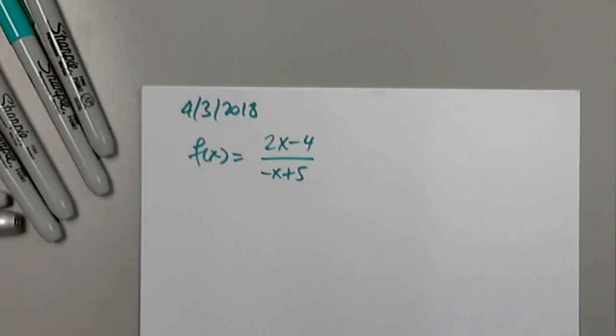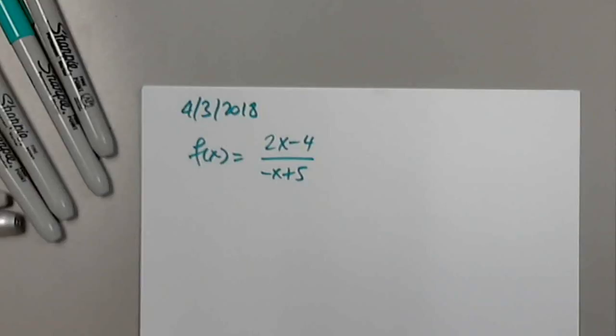So if it's not 3, if it's not 2, then it must be 1. How do I know it's 1? Because the degree of the top is 1, and the degree of the bottom is 1. So as long as both degrees are the same, it's type 1.